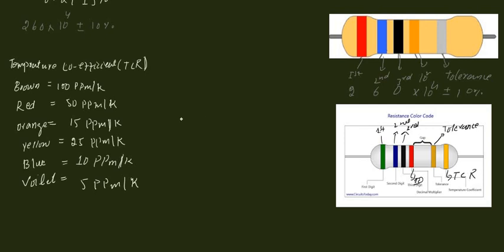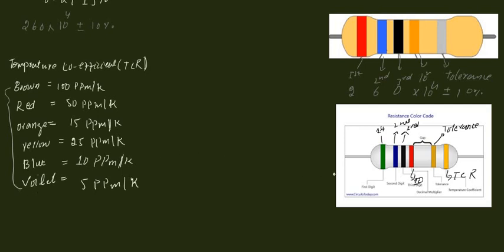The list of colors which show the temperature coefficient of the sixth band is this. A brown color has a temperature coefficient of 100 ppm per Kelvin, parts per million per Kelvin, and likewise for the rest of the colors.